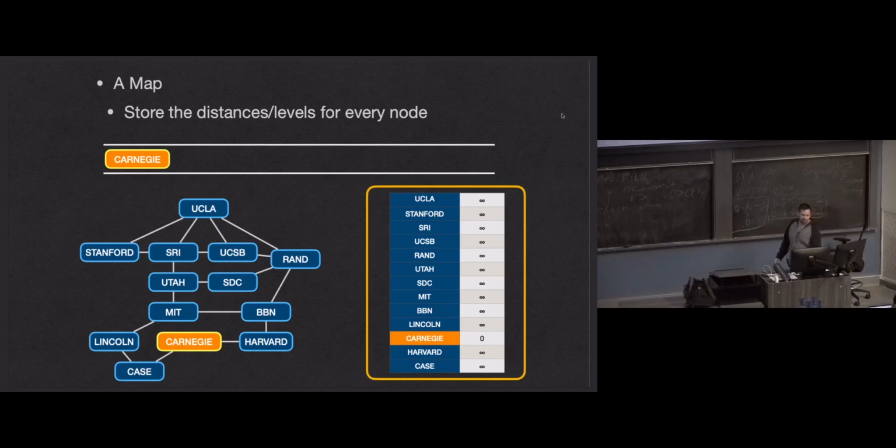So I'll initialize them to just whatever. I put infinity symbols here. In my code, I usually use -1, and then I have checks. If it's -1, it means I haven't discovered that node yet. I don't know its distance yet. But I do know the distance of one node, the start node. From the start node to the start node, distance 0. We're already there. Don't have to move at all. It's distance 0.